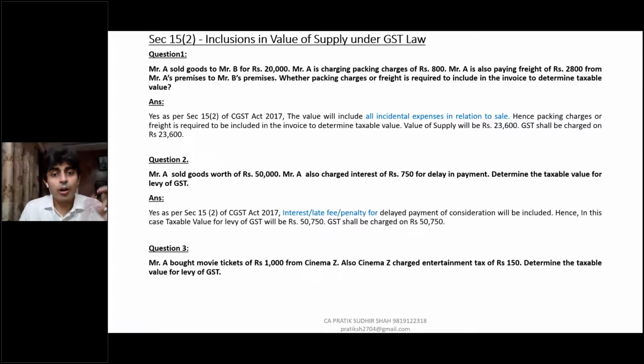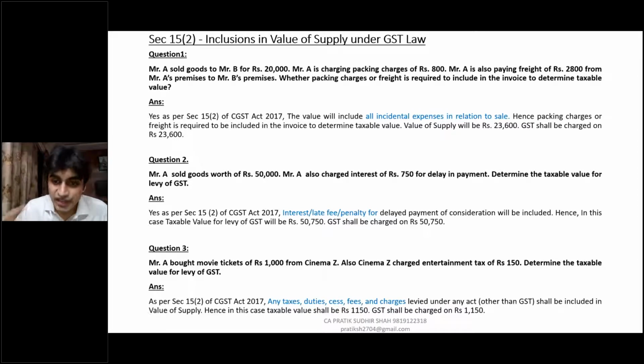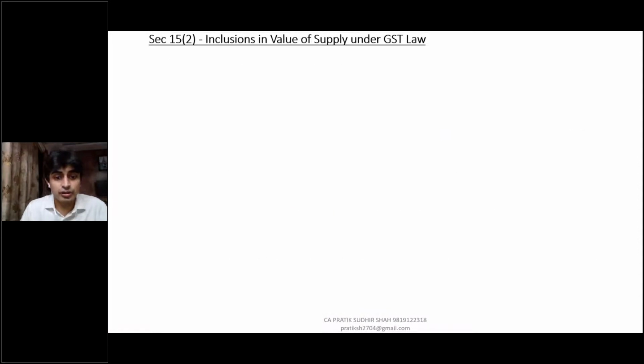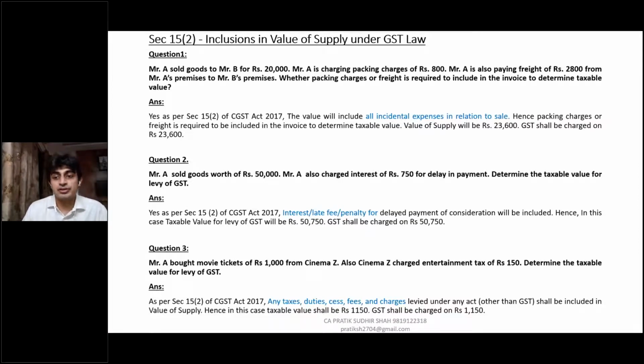Subsection 2: all taxes, duties, cess, everything will be included in the value of supply, excluding GST and cess. GST is not charged on GST, but entertainment tax is not GST. Hence, that shall be included in the value of supply. GST will be charged on 1,150 rupees, on the whole amount.